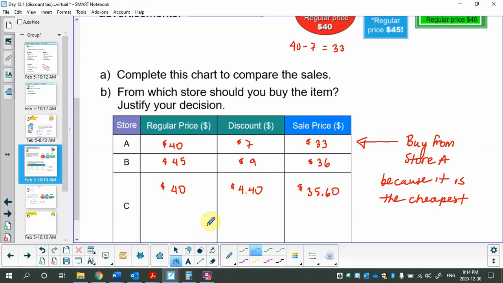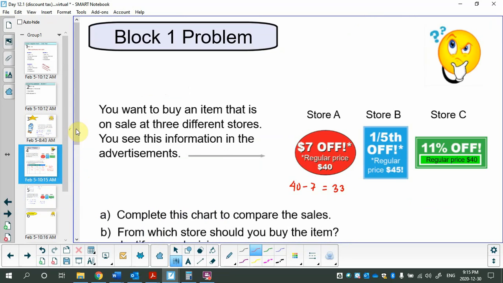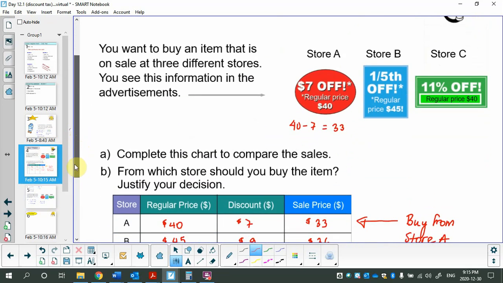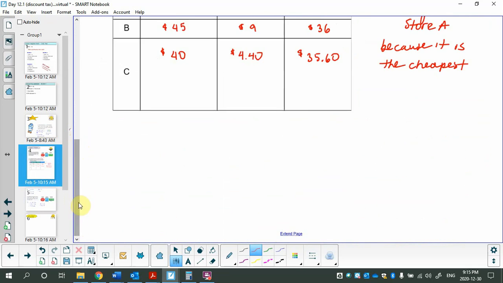Now what I want to do next, now that we know how to deal with fractional discounts and percentage discounts, I want to find out how much this particular item is if we have sales tax.